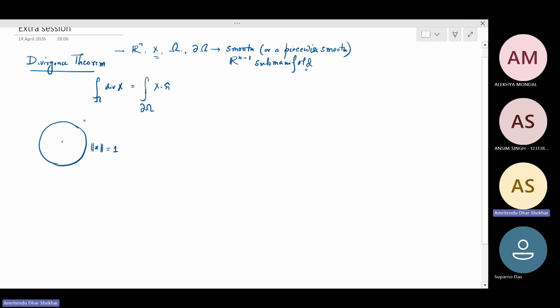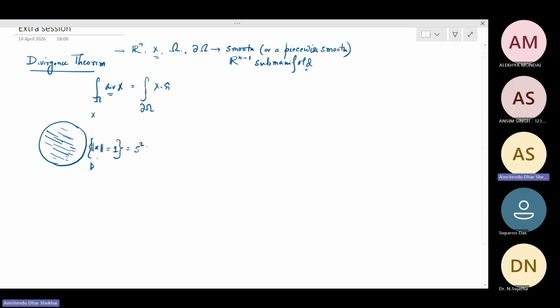And let's say you have a vector field X, and you want to compute the divergence of X within the region bounded by the sphere, which is going to be the disk D3, where the norm of X is less than or equal to 1. And let's say you're doing the divergence of X on this D3.